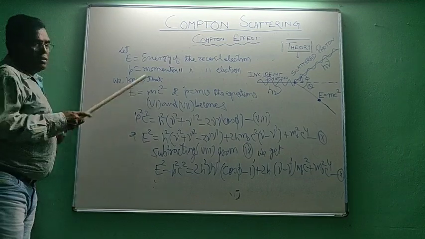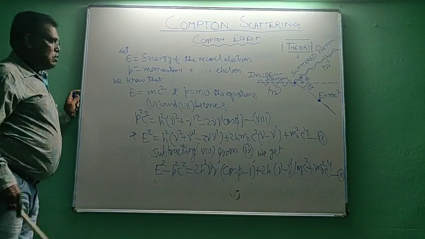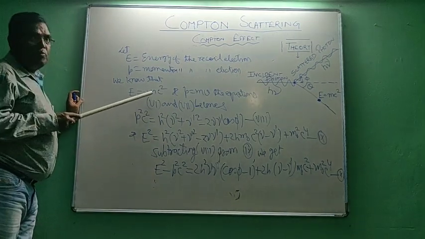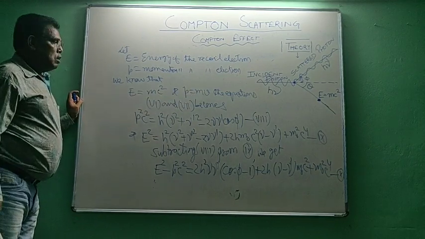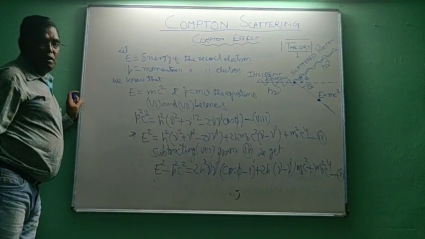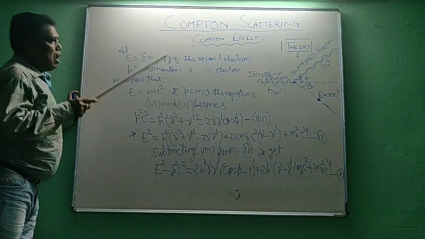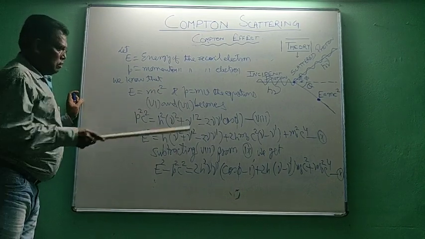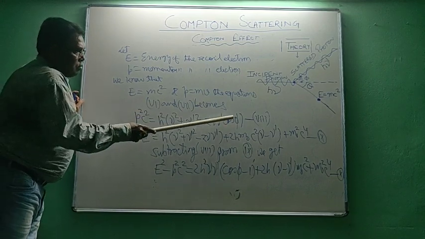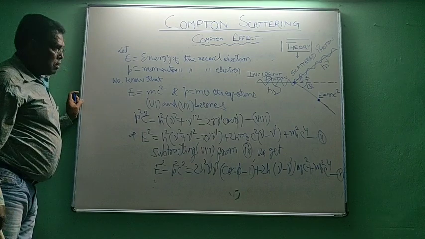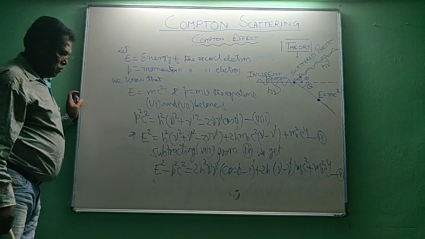Now we know that E equals m c square from Einstein's mass-energy relationship, and P equals m v, the simple classical formula. The equations 6 and 7 which I have already written become this one, equation 8, and equation 9.